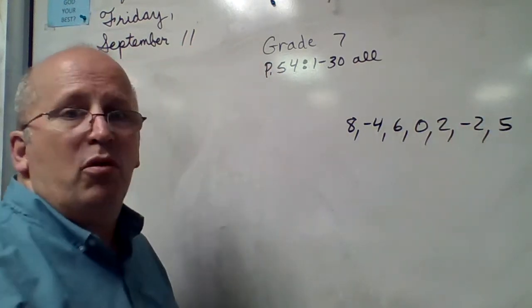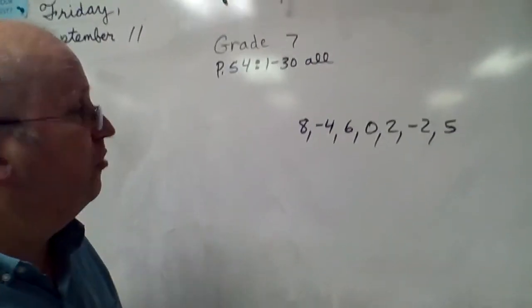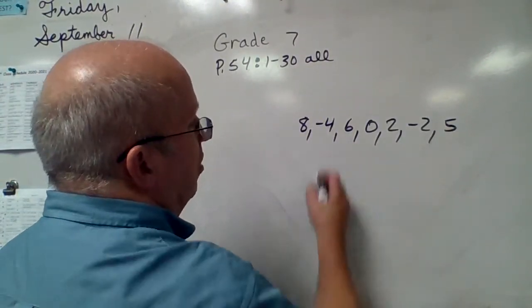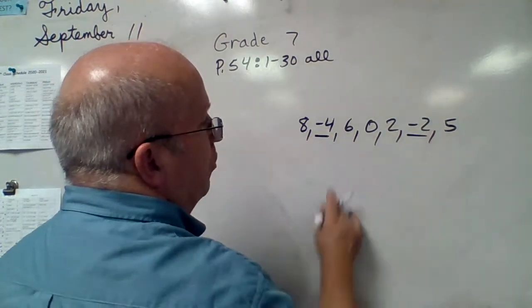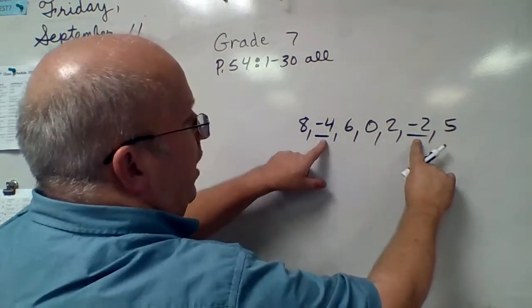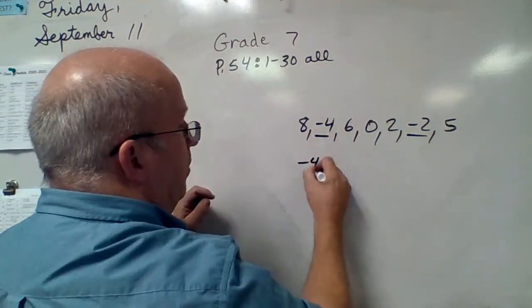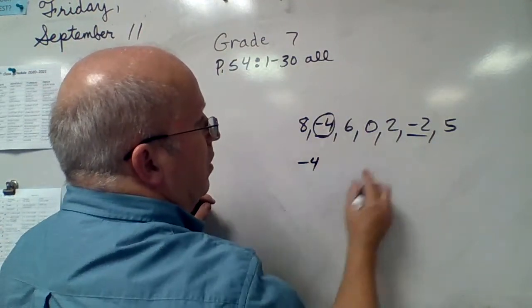And somebody says, put those in order from smallest to largest. Where would you focus first? Smallest to largest, I think about the negative numbers first, this one and this one. Which one has to be smallest or furthest to the left on a number line? That'd be -4.